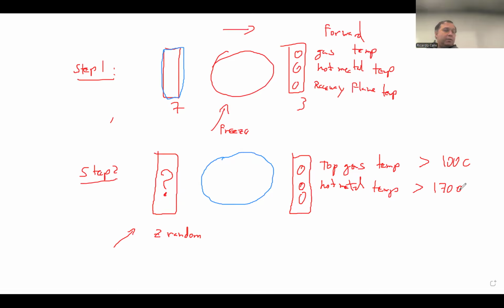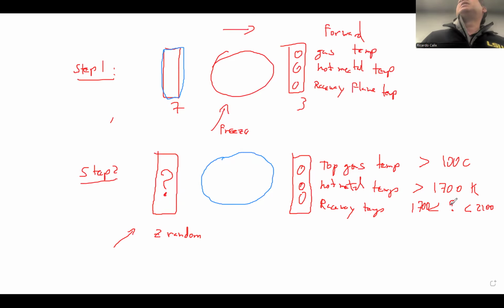And that's some unit. Oh, Kelvin, I think, K. And then I want my raceway temp to be between 1700 and 2000, or 2100. Do you guys understand?